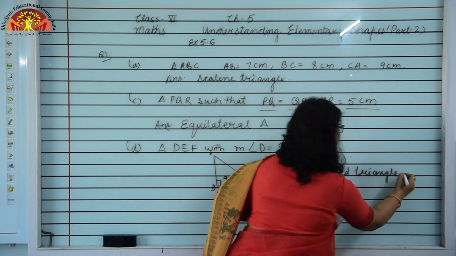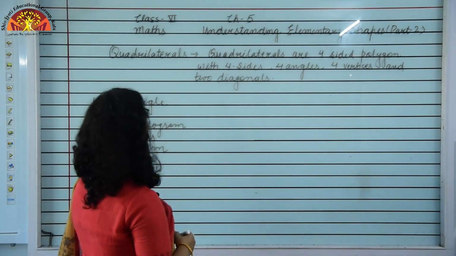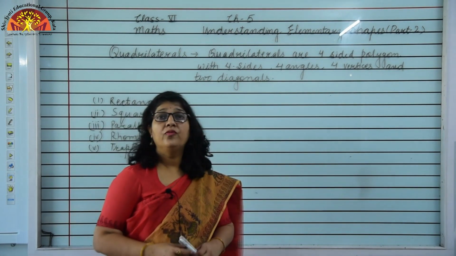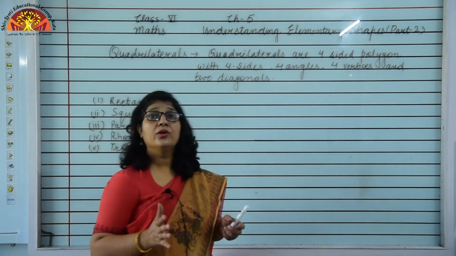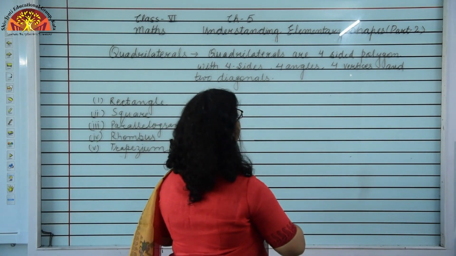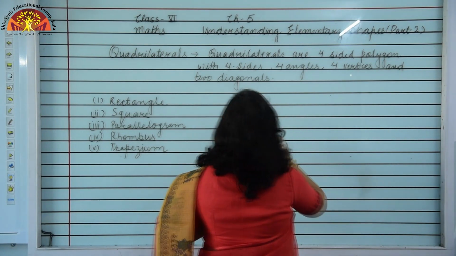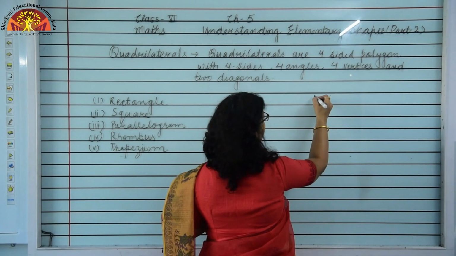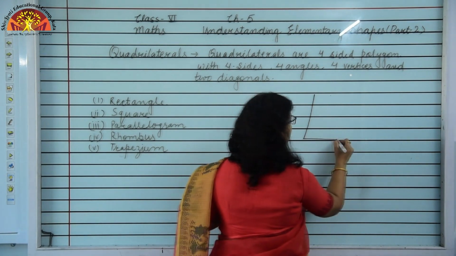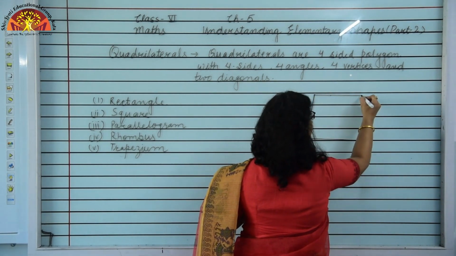Understood, students? Now we will discuss quadrilateral. Students, what is a quadrilateral? A quadrilateral is a four-sided closed figure that has 4 sides, 4 angles, 4 vertices and 2 diagonals. Look here, any 4-sided closed figure.